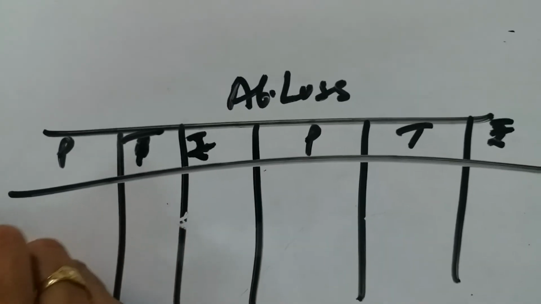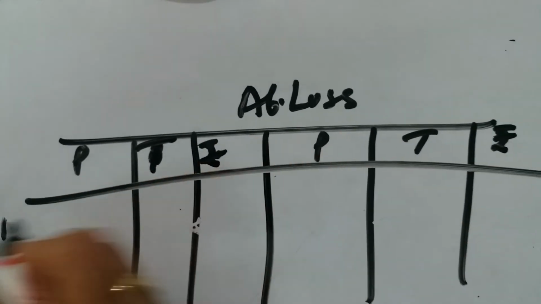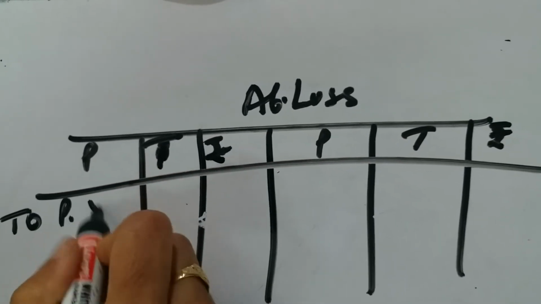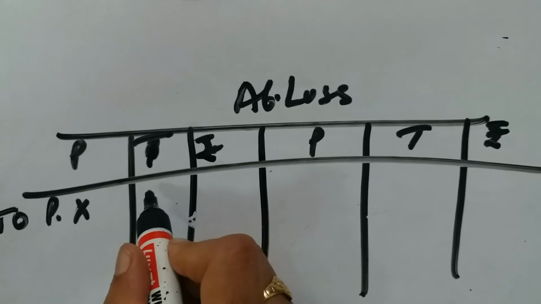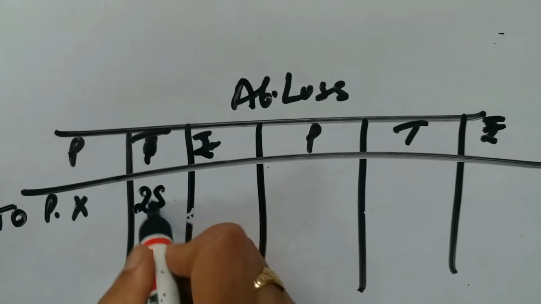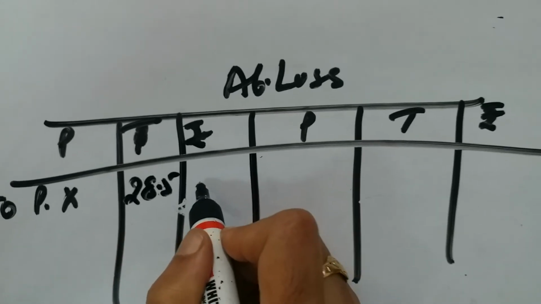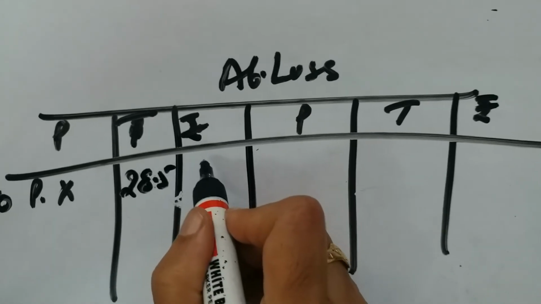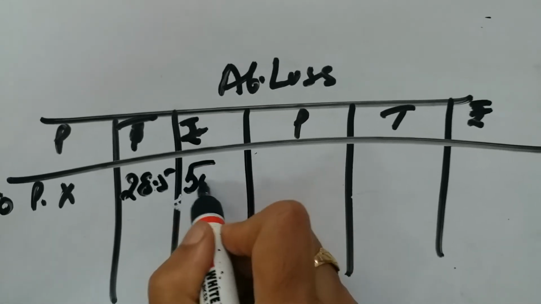Abnormal loss was in process X. So it was a by abnormal loss. Here it will be to process X. So how many tons were there? 28.5 tons, and their value from the process X account was something like 5079.